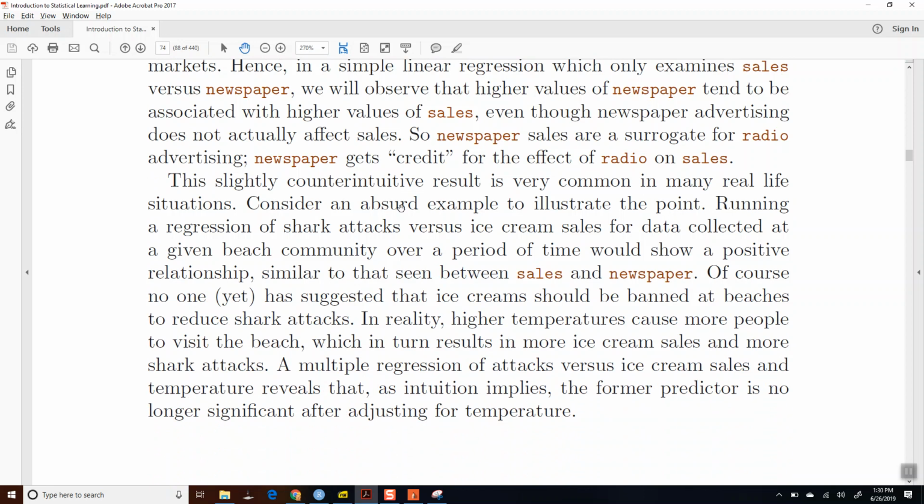and here they give us silly examples, okay, for potentially real-life situations, right?